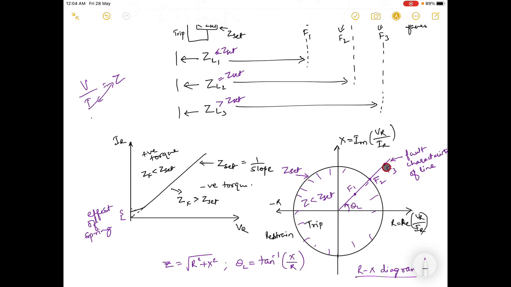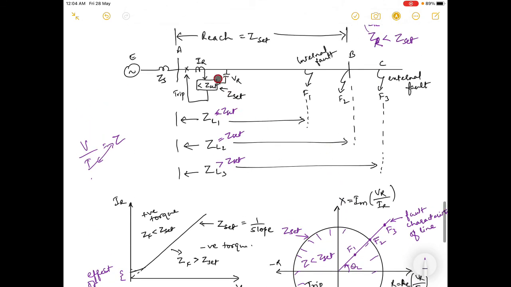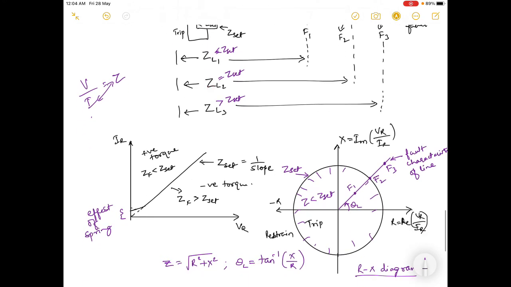The impedance measured is more than the Z set, so it is outside the circle. This relay at this point will not take the tripping decision. Maybe if we have kept one more relay at point B, it would take care, but we are talking about this relay at bus A. So this is the diagram that you need to understand.